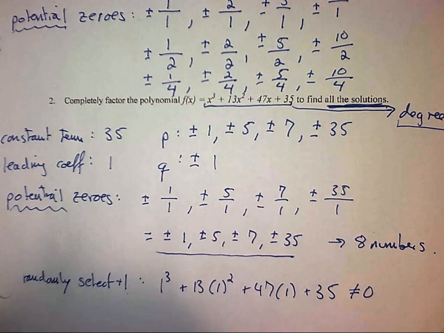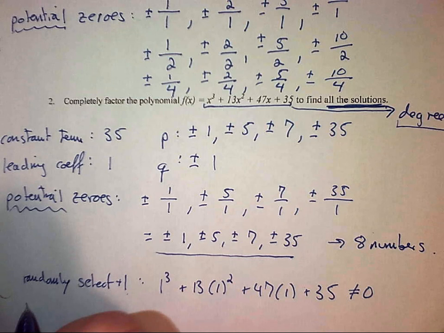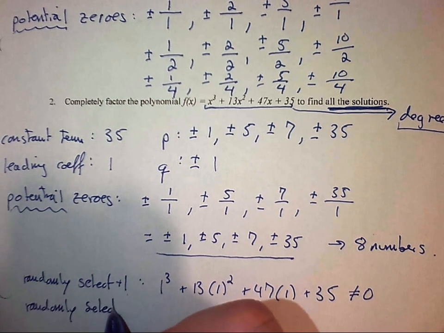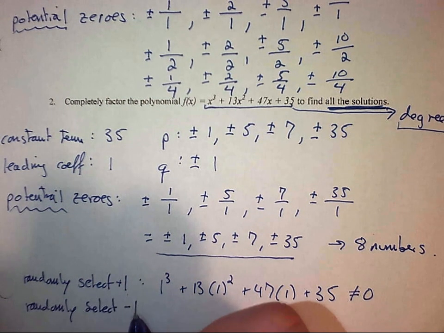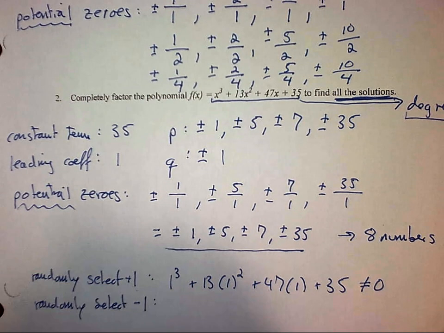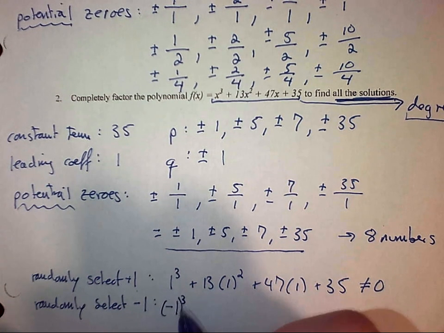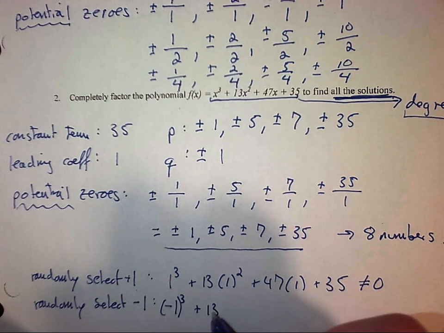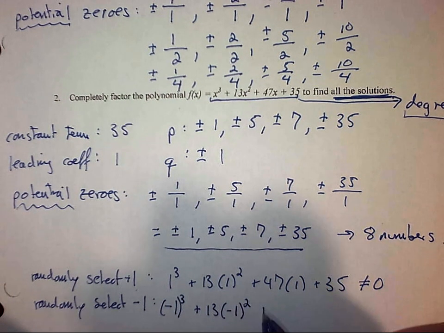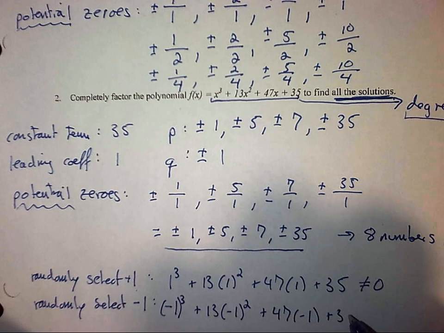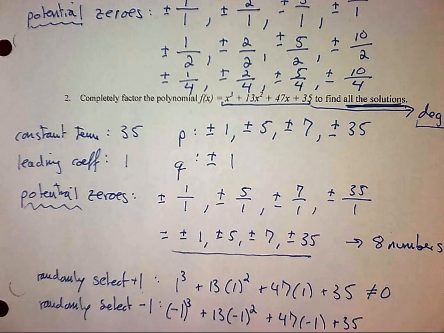So now I'm going to randomly select the number negative 1. Let's plug in negative 1. If I take negative 1 to the power of 3, plus 13 times negative 1 squared, plus 47 times negative 1, plus 35, well, let's do it.